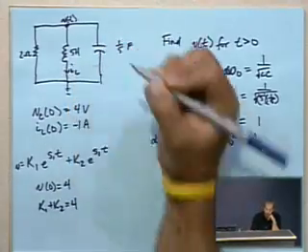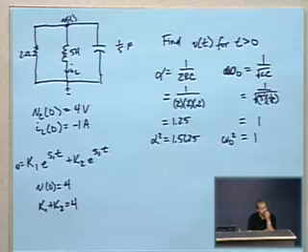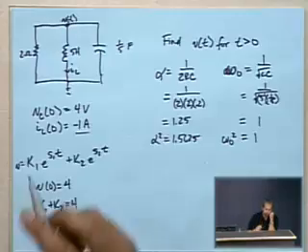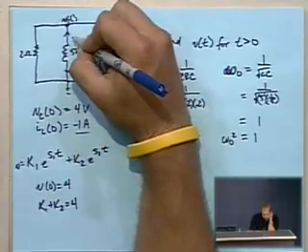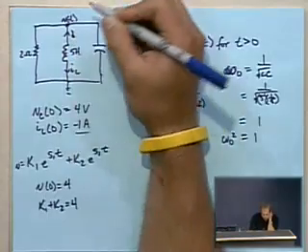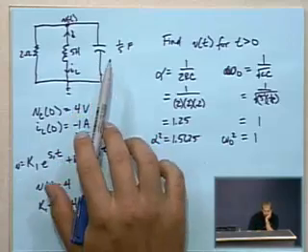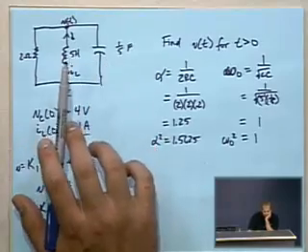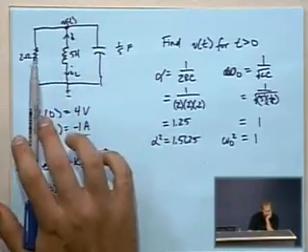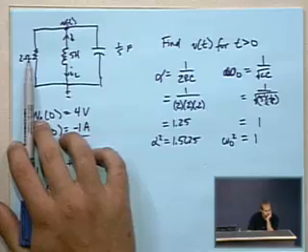Now the next one is where you have to be, I suppose, a little bit creative. One of the things that I forgot to draw is we defined the current through the inductor as going down that way, and the initial conditions tell us that it's actually flowing up. We defined it as flowing down, but it's negative, so it's flowing the other direction. So we think about this a little bit and we say, okay, there's 1 amp of current that's flowing up into that node. And if there's 4 volts across the capacitor, there's 4 volts across the inductor, and there's also 4 volts across the resistor.